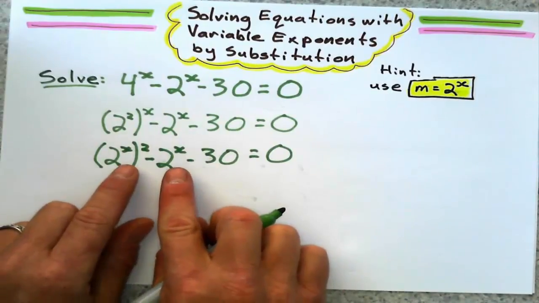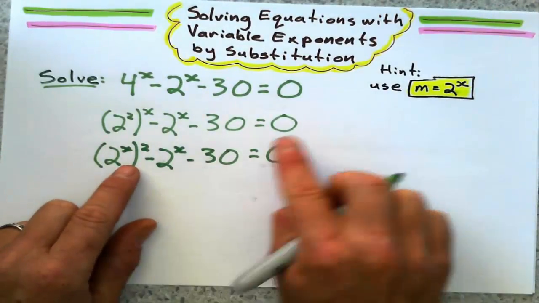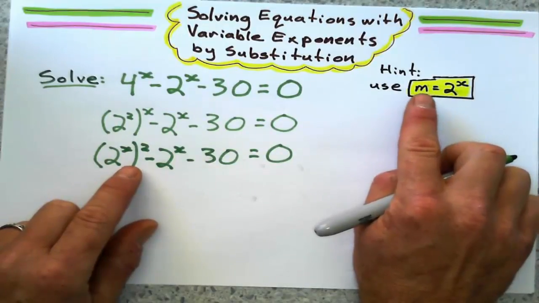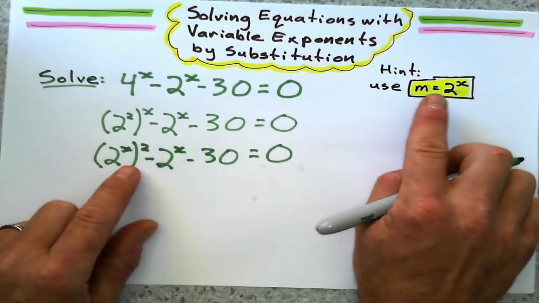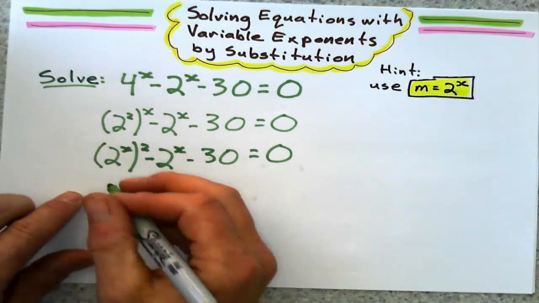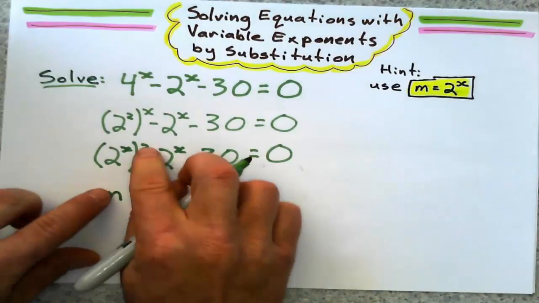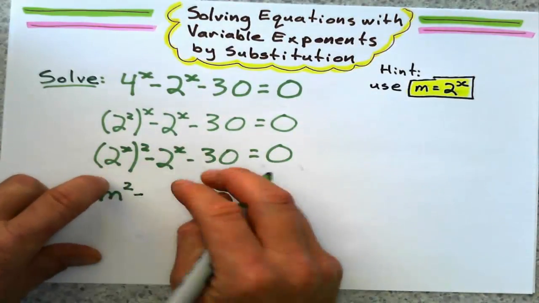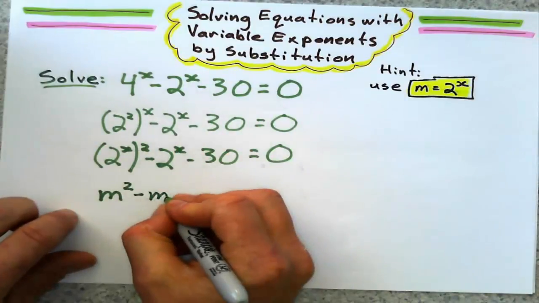Well, now I can use that substitution right here. If it gives me this hint, it says, okay, let m equal 2 to the x. Well, that means there's m right there, and it's squared. And there's m right there, because that's 2 to the power of x, and that's just m.